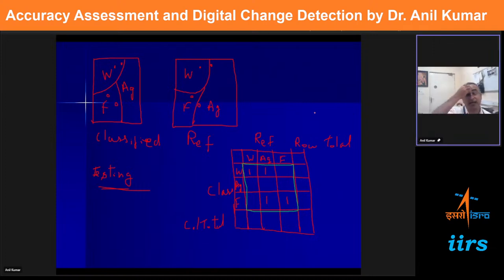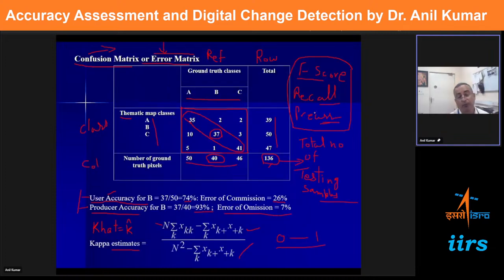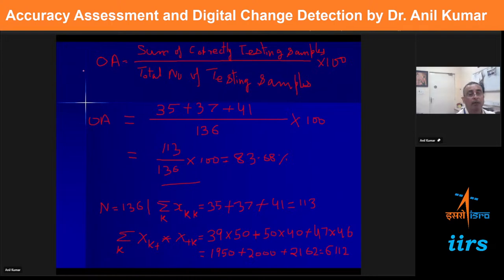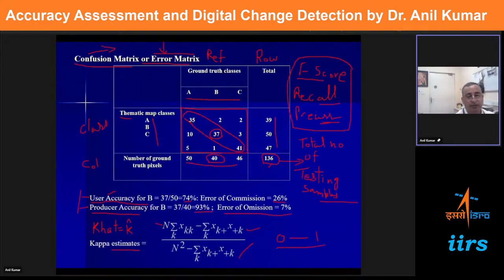And then once the error matrix is ready, we can calculate a few parameters like user accuracy of each class with the error of commission, and the producer accuracy of each class and error of omission. These are all in percentage. We can calculate the overall accuracy from this matrix, and then we can also calculate the kappa coefficient. The kappa coefficient value is from 0 to 1.